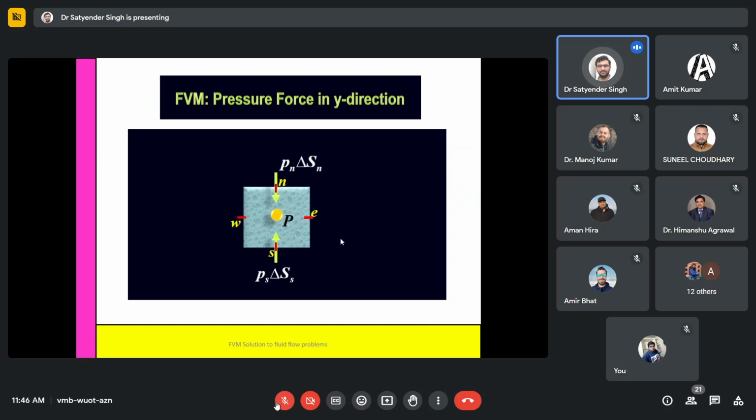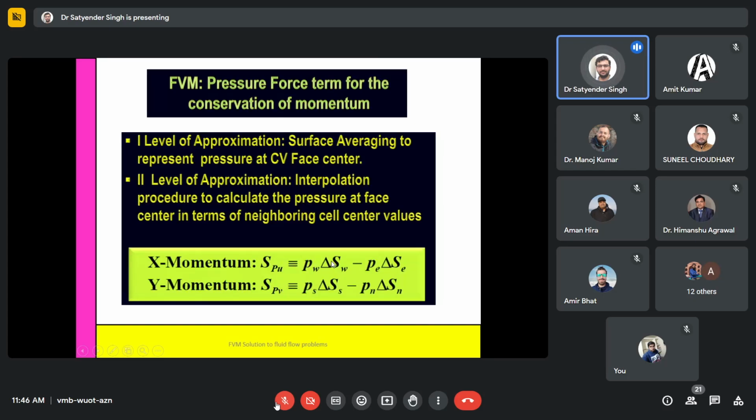So pressure discretization in the y direction. We will balance them in a particular direction, and we'll write them in the balanced form, like the pressure on the west face and pressure on the east face, like the pressure force that is entering in the south face and leaving from the north face.